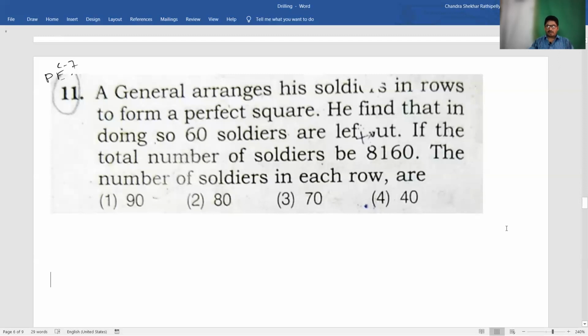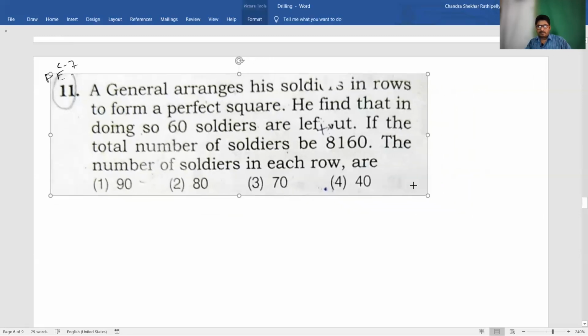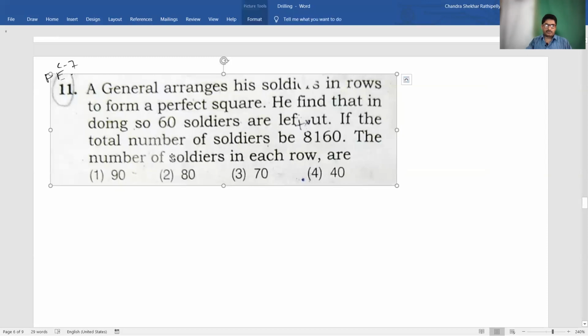So the general means high authority of a soldier. I think to make their soldiers as a perfect square, there are some soldiers remaining.